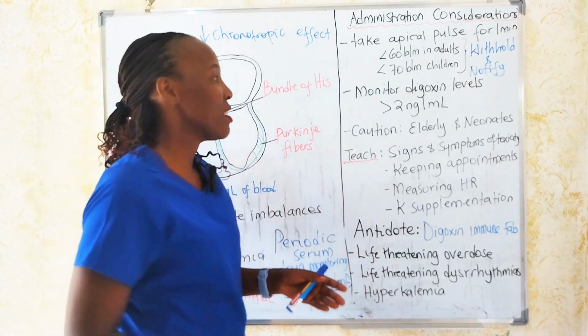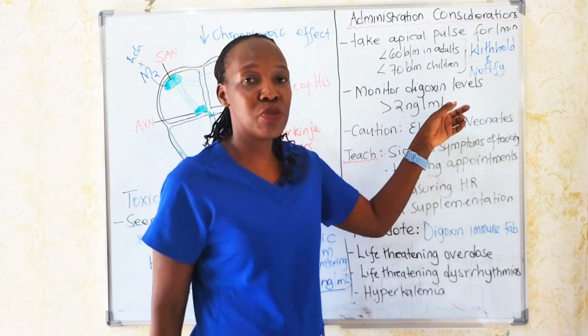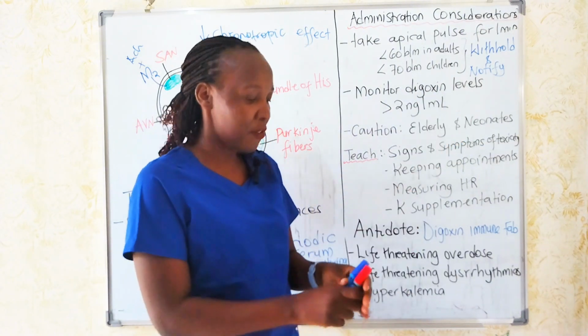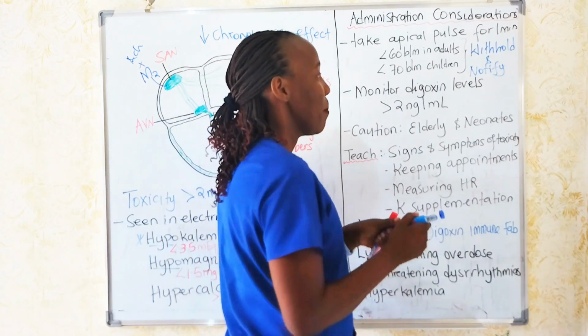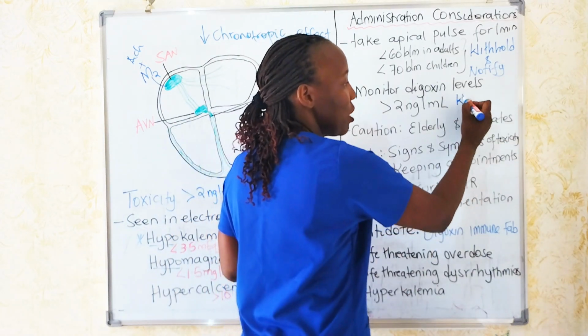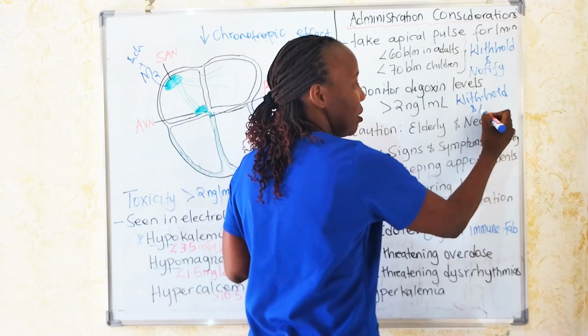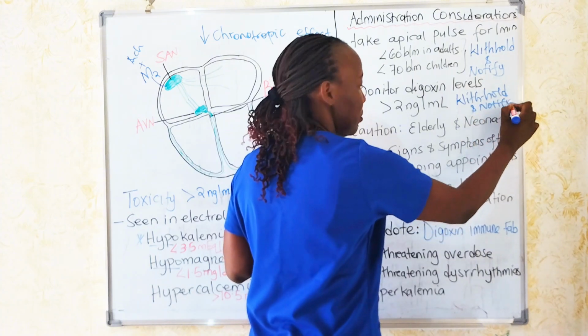So because of that, we want to do close monitoring of the digoxin levels, and anything above 2 nanograms per ml, we are again going to withhold and then we notify.